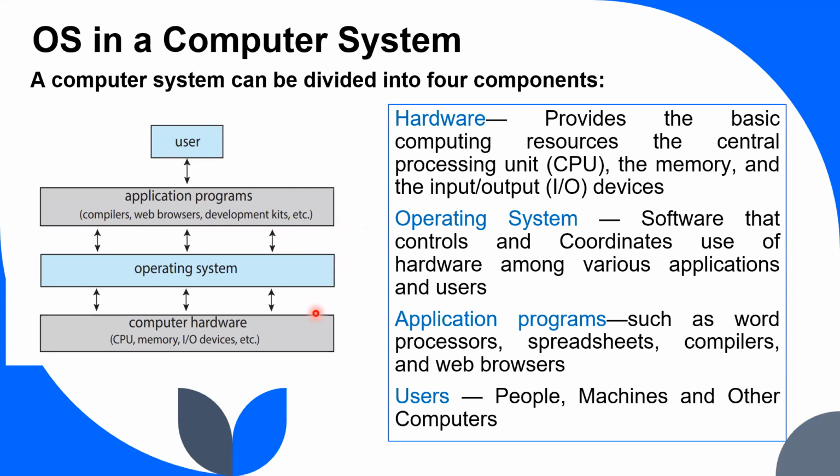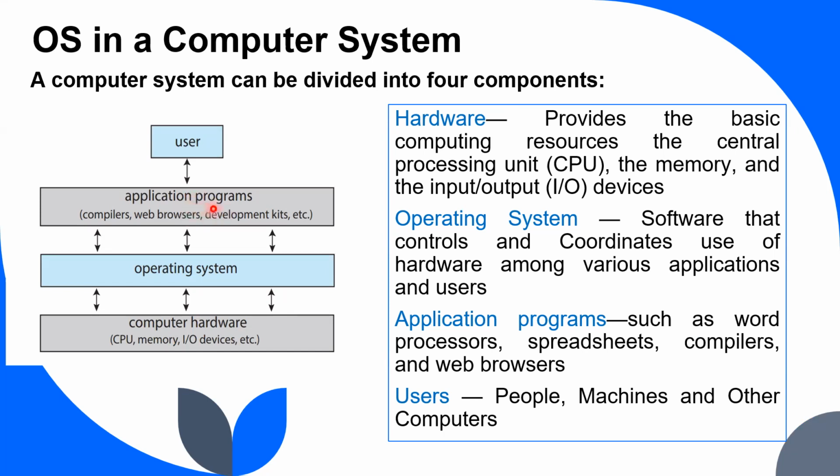If you look at the different components of a computer system, at the bottom we have the computer hardware, which includes the processor, memory, be it the RAM or the hard disk, and also the I/O devices including keyboard, mouse, printer, etc. On top, we have the application programs that are run by the user, which include the web browsers and the document editors or word processors that we use.